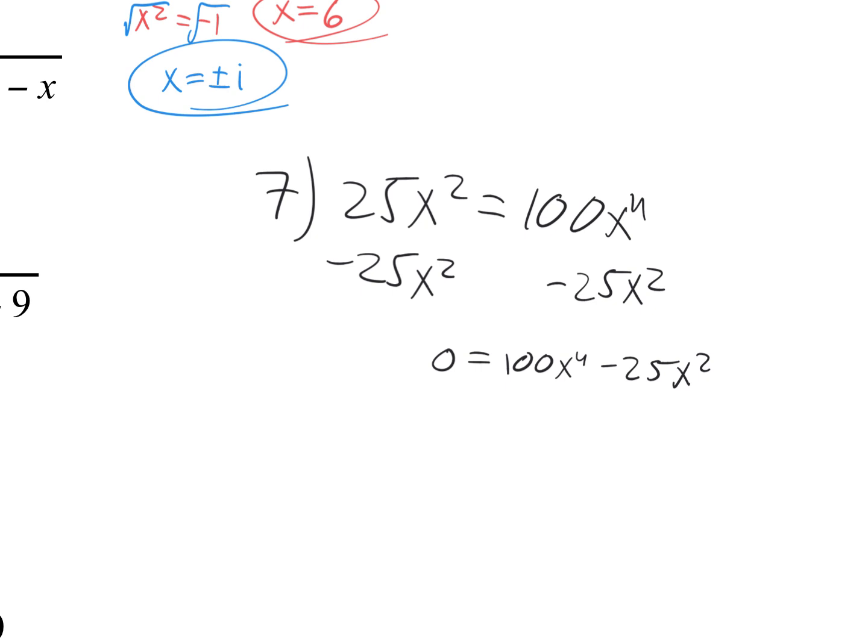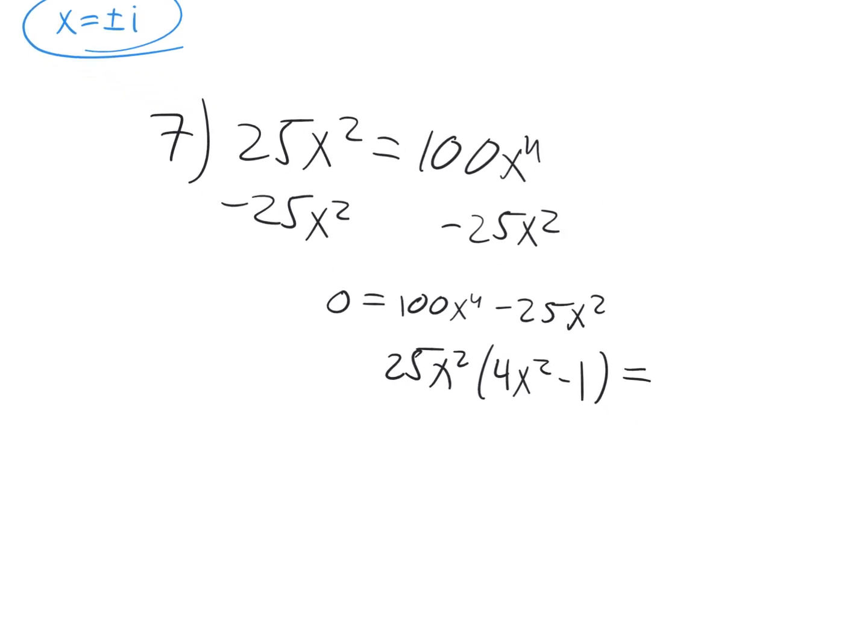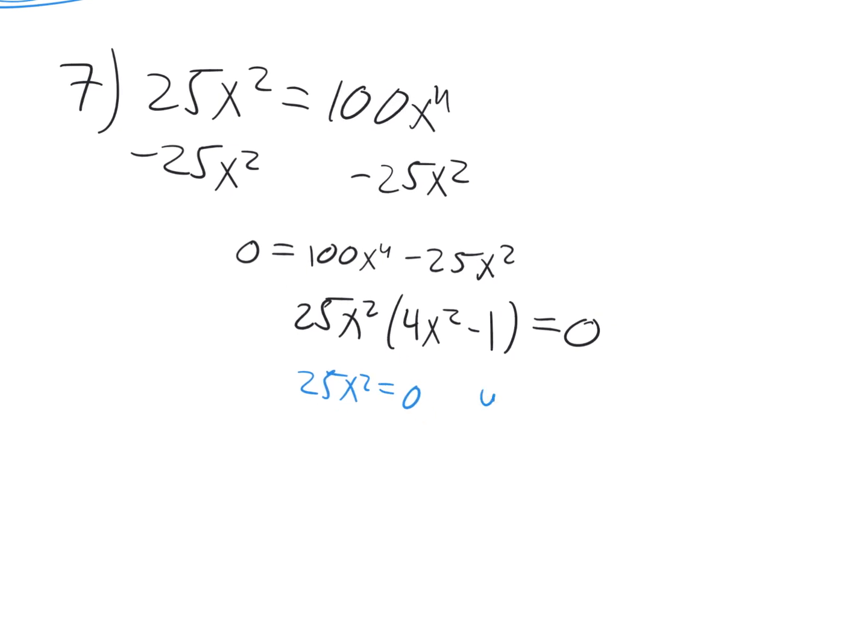You can take out 25x squared, the greatest common factor, and you're going to be left with 4x squared minus 1, and this equals 0. Now that we factored it, we can set each factor equal to 0. So we get 25x squared equals 0, and 4x squared minus 1 equals 0.